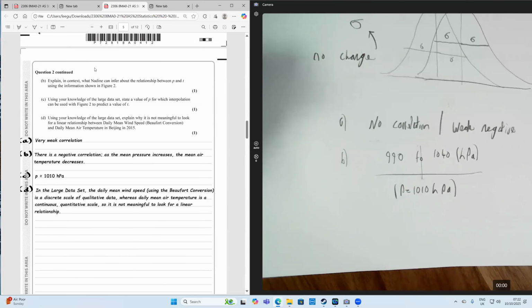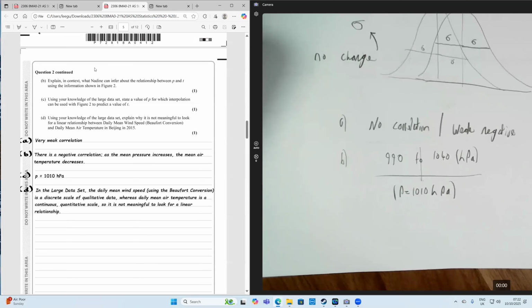Well, the Beaufort conversion, I'm not sure how you pronounce it, is what we call qualitative data, okay? So it's things like, for example, light winds, or strong winds and so on. So that is qualitative data, not quantitative, okay? We can't measure it. It's not a wind speed measured in miles per hour gusts or anything like that.